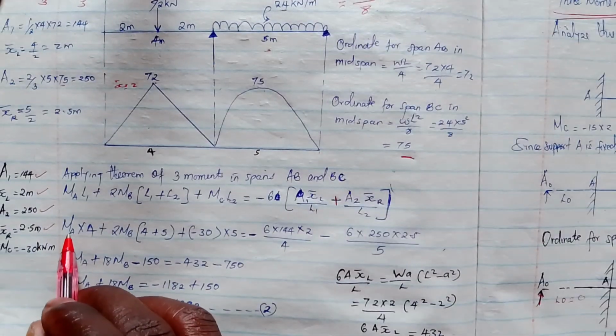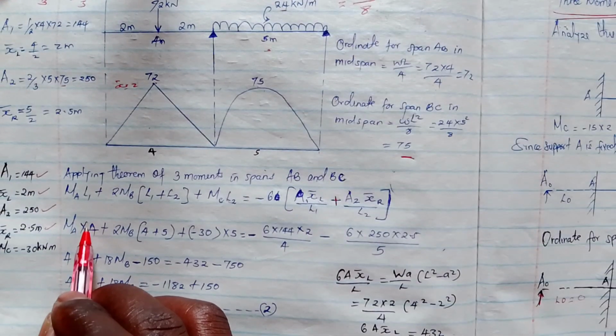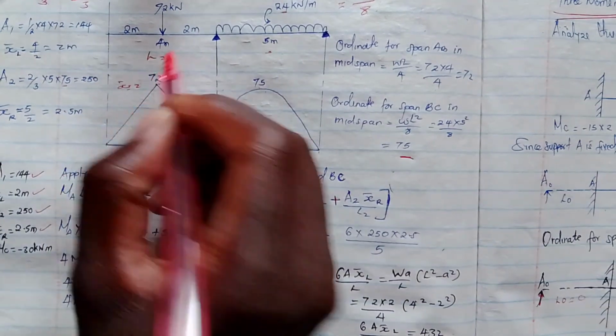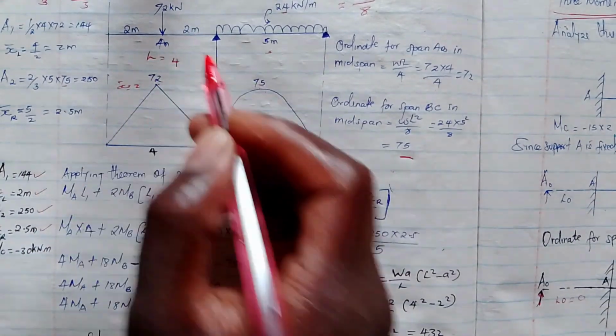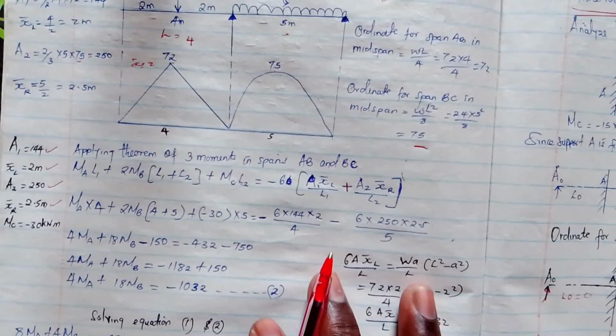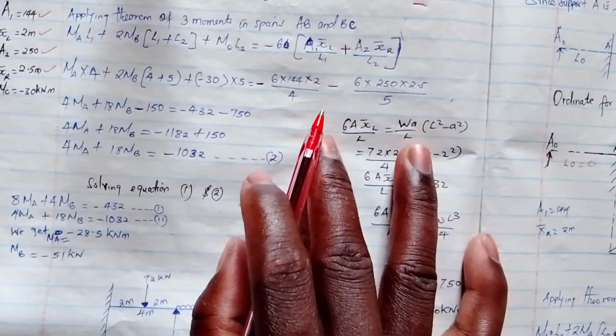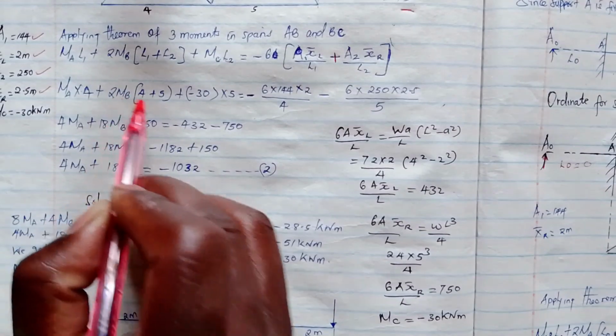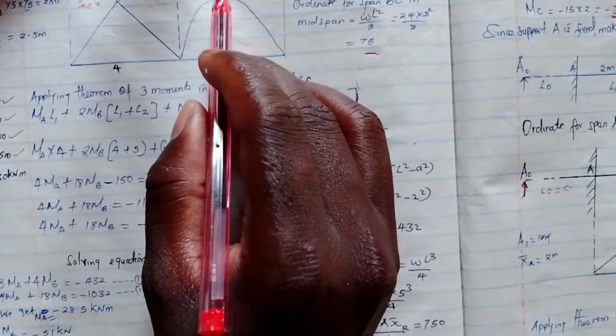The first part is MA times L1, and L1 is 4. Then 2MB times 4 plus 5, because the distance here is 5.